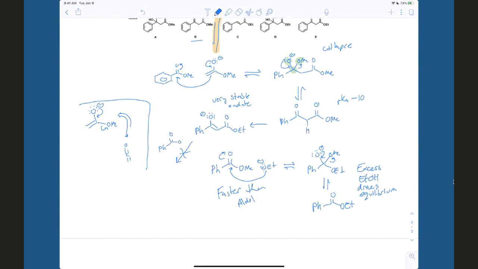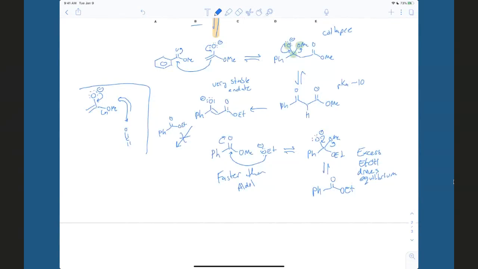This now becomes too uphill in energy, and it won't be able to attack again. It will happen with both of the esters. This will be the first thing that happens. I'll just draw this. I won't draw out the mechanism. The mechanism is the same. So you won't be able to stop that from happening.